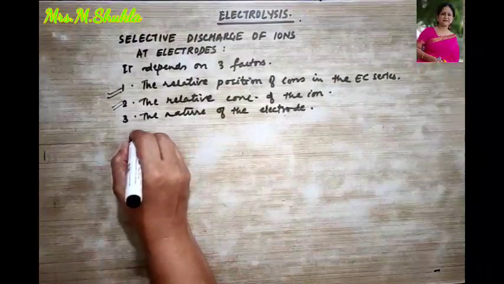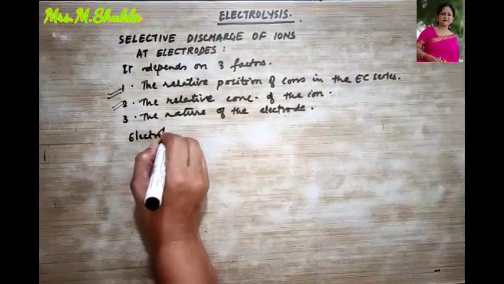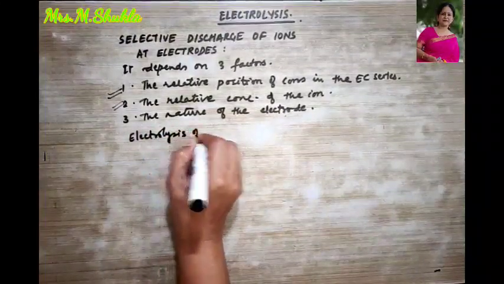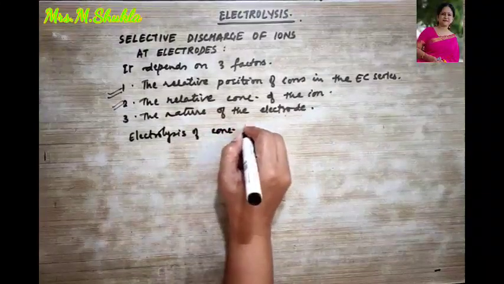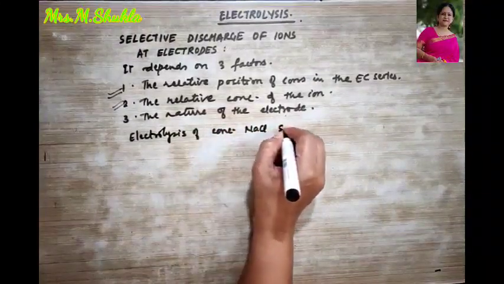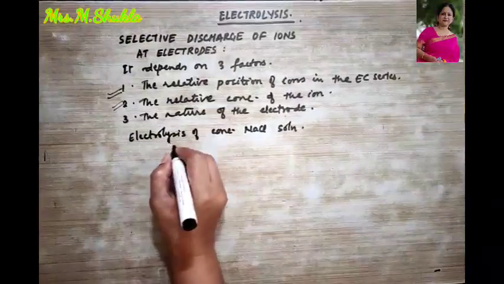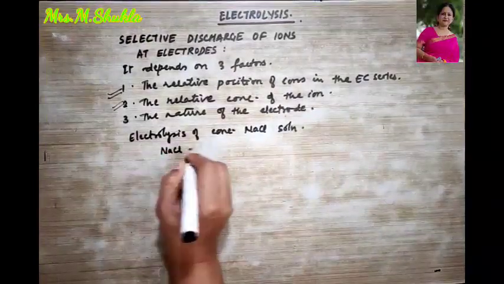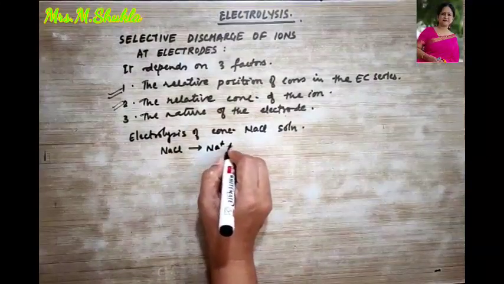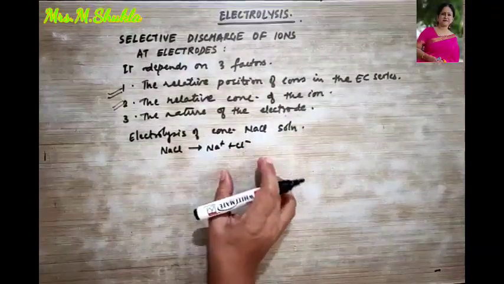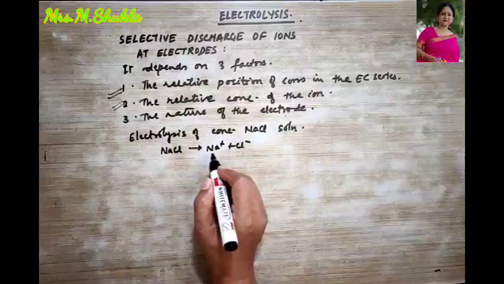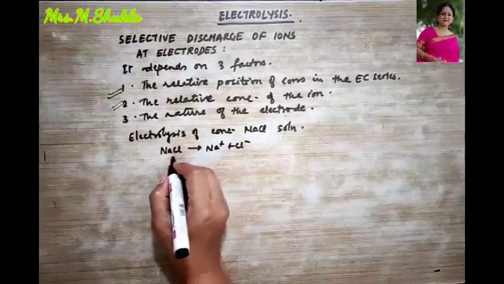Let me talk about the electrolysis of concentrated NaCl solution. NaCl gives Na+ and Cl-. These are the two ions present in the electrolyte.